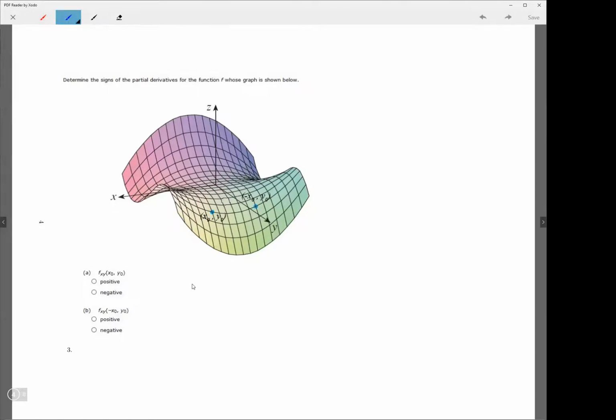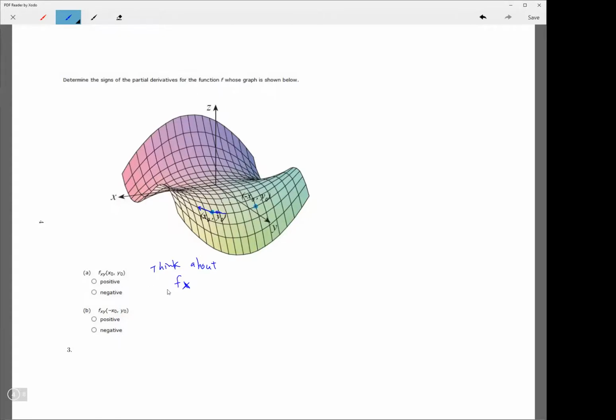So the partial, let's think about the partial with respect to x, right? Okay, so here, this is the positive x direction, right? And this is increasing, right? So fx is positive. We already established that because this is the same graph, right?